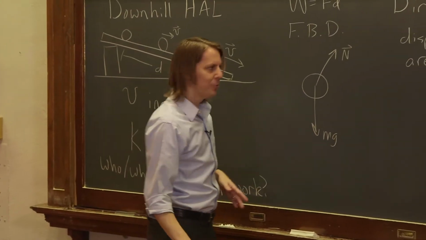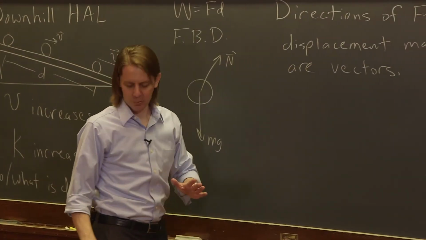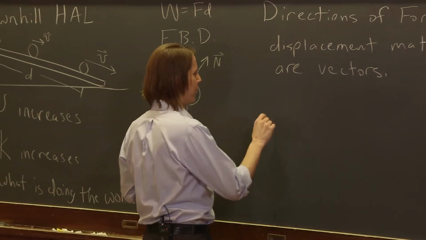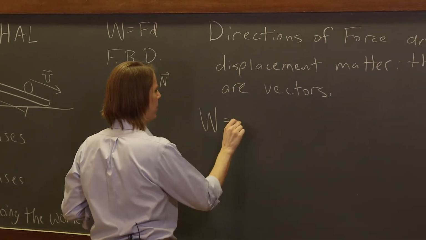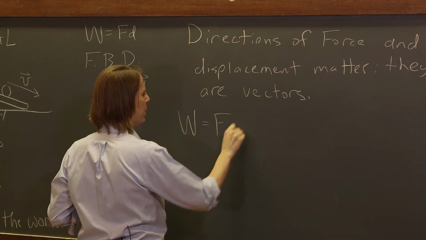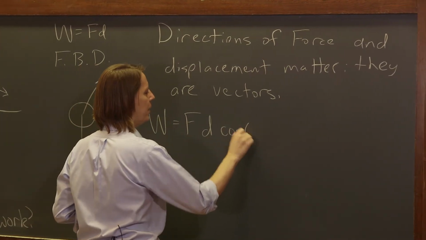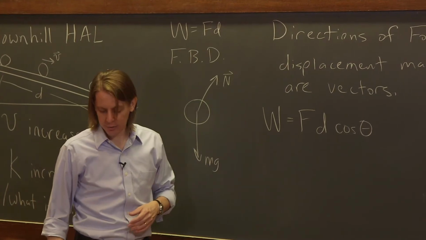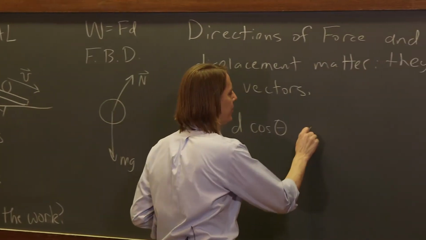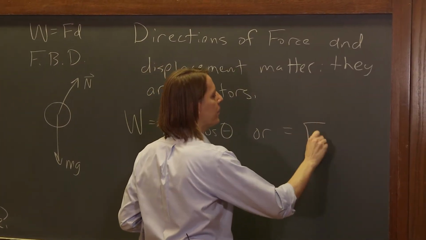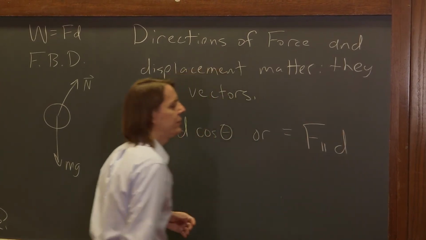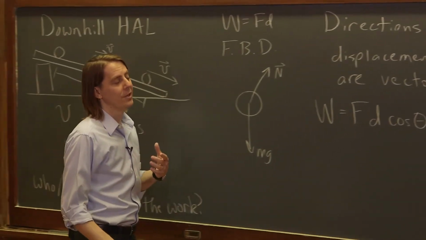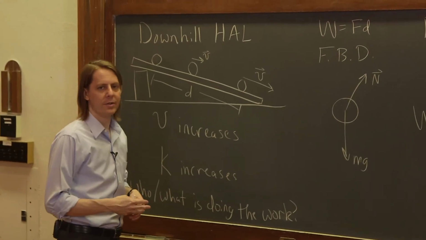It gets into ways to multiply vectors, but for now we're just going to give you the formula. It's technically the dot product, but let's just write it this way. The work is the force that does the work times d times the cosine of the angle in between them, and of course we mean the angle in between the two vectors. Or it's also sometimes written as the force parallel component times d, where that means the component of the force along the direction of d.